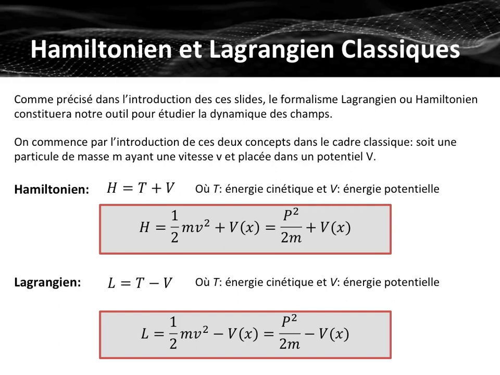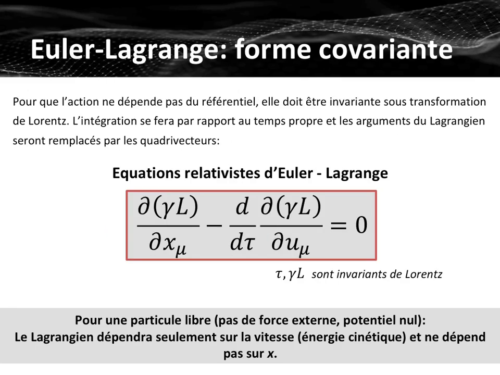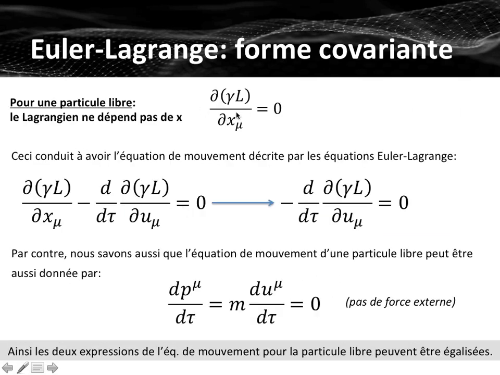Because there's no potential, and it's the potential that depended on x. Now the Lagrangian would depend on the time and on the velocity, or u mu in the covariant form, but not on x mu anymore. And so if we take a free particle, then this term should be equal to 0. So the Lagrangian does not depend anymore on x mu, which means that this Euler-Lagrange equation for a free particle ends up to be just minus d over d tau of this equal to 0.